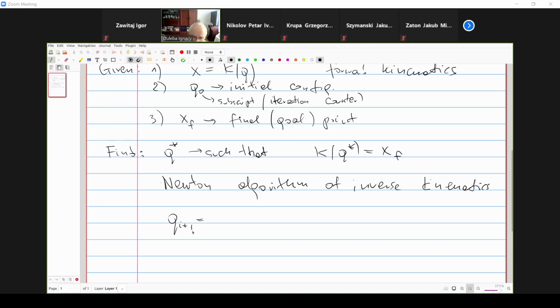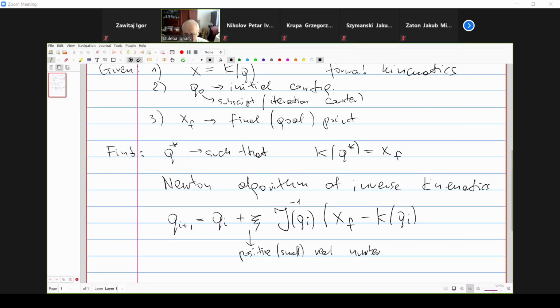The next configuration is the current configuration plus xi, a positive and small real number, of course we select the number, times the inverse of the Jacobi matrix evaluated at the current configuration, multiplied by XF minus K of Q_i, like this.